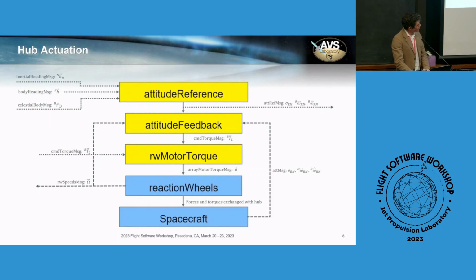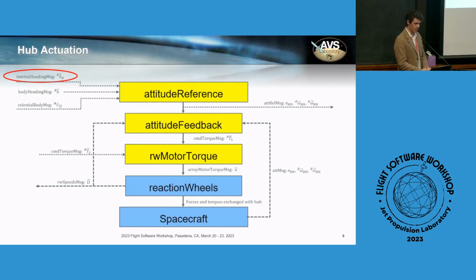The most interesting piece of code, in my opinion, is what relates to the hub actuation, because this is like the orchestra conductor of the whole spacecraft assembly, meaning that if this fails, we're not going to be able to achieve any of those pointing requirements. So what the attitude reference does is it receives an inertial heading that can be, for example, the direction that we want the thruster to fire along.